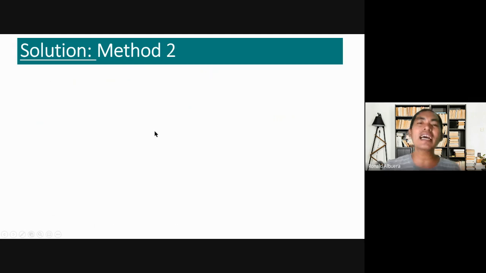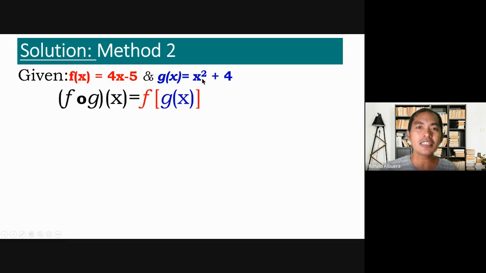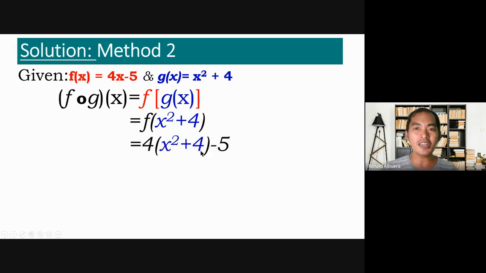Ang another method niyan ay kukunin muna natin ang f circle g bago tayo mag-substitute. So, ang g natin ay x squared plus 4. Yan ang magiging value. Substitute sa x ng f. So, magiging 4 times the quantity of x squared plus 4, then minus 5.